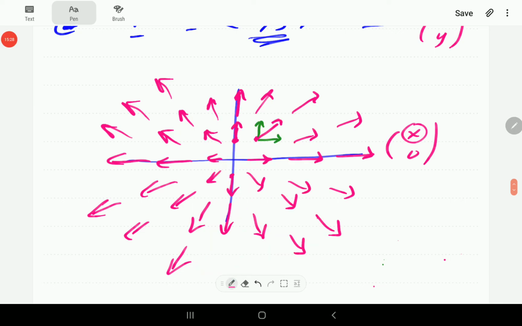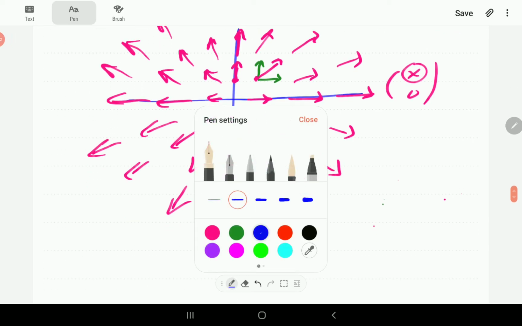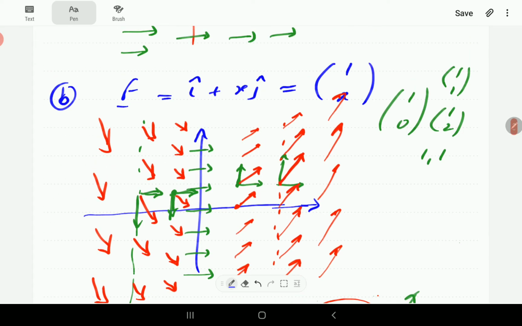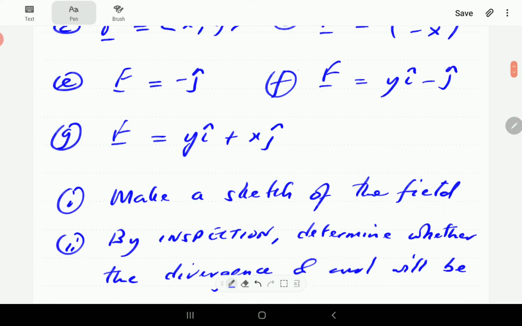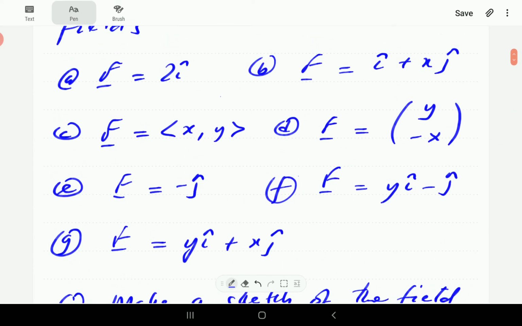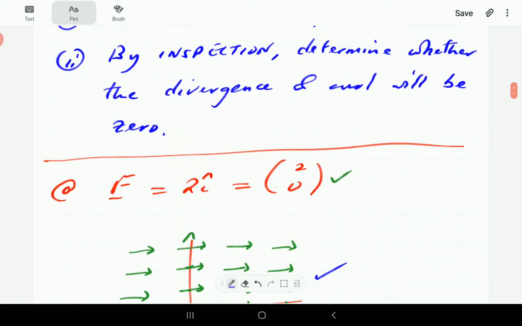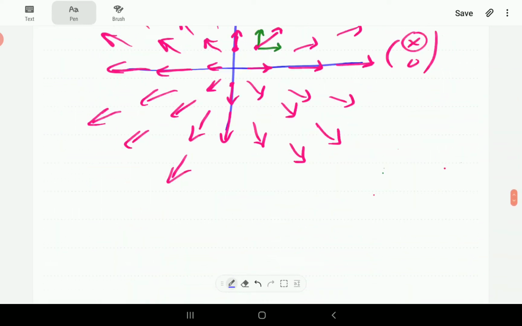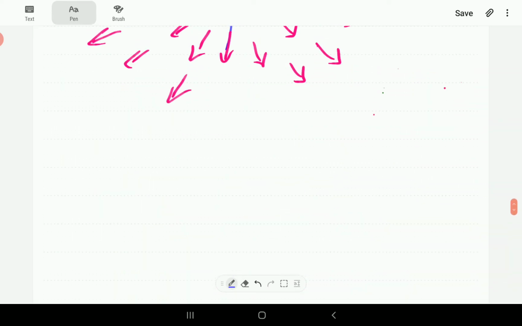Okay, then the next one we have is f equals y, negative x.